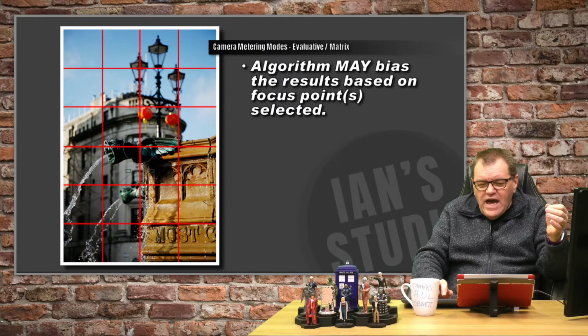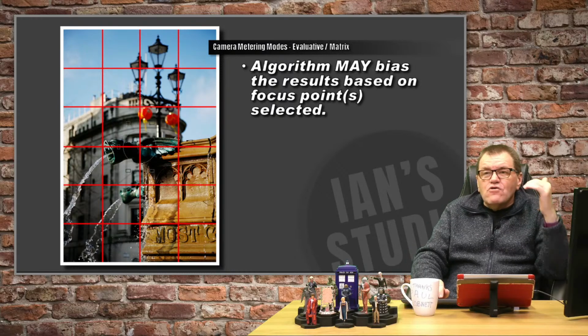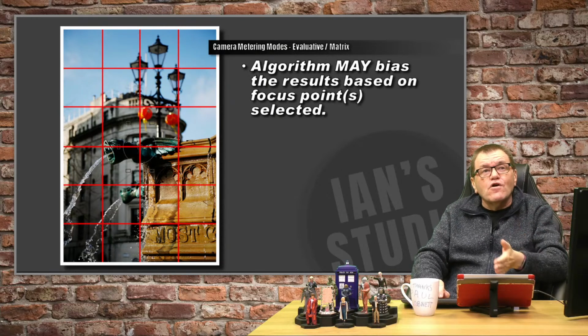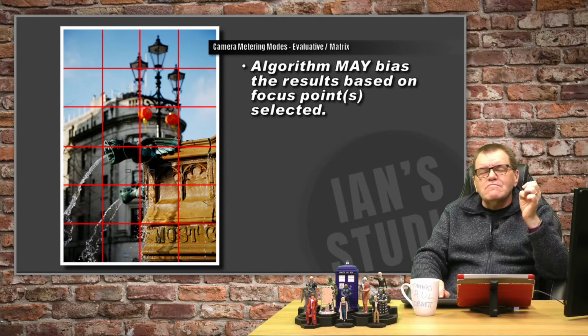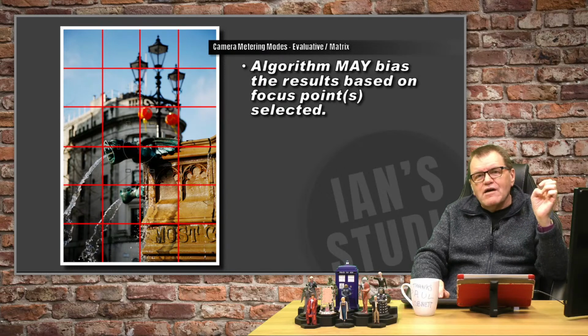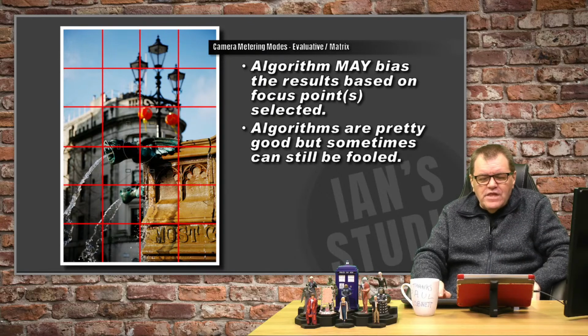So just be aware of that. All I can say is check your manual to find out what your camera does. By default, it's probably doing the thing that's likely to work best with your algorithm. But if you are a bit of a tech nerd like I am and want to know what your camera's doing, look it up on there.